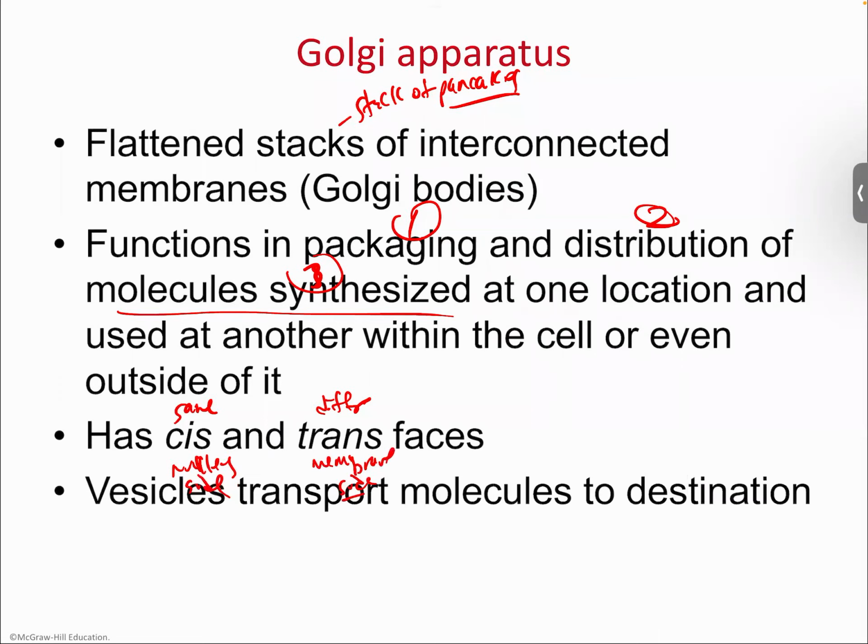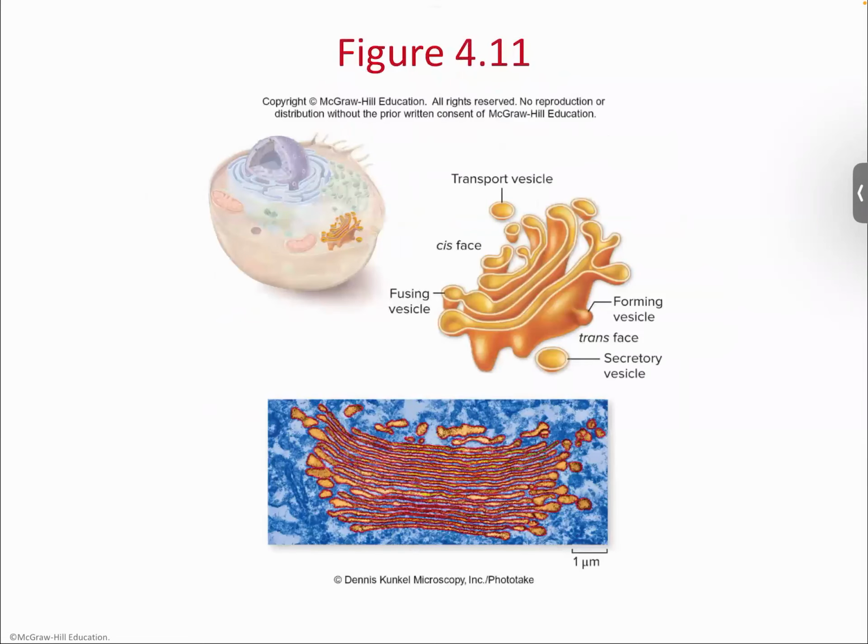Ultimately your vesicle will transport it to its destination. You can see here's a transport vesicle that will fuse, like this one right here, with the cis face. That's the nucleus side, so the nucleus is over here. It'll dump its crude protein into the Golgi, where the Golgi will modify it and sort it according to the type of protein it is. Once it's finished, it'll put it into another vesicle on the trans face and pinch it off, and it'll become a secretory vesicle, right?